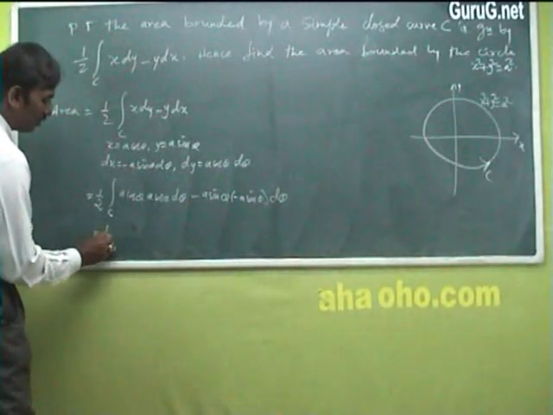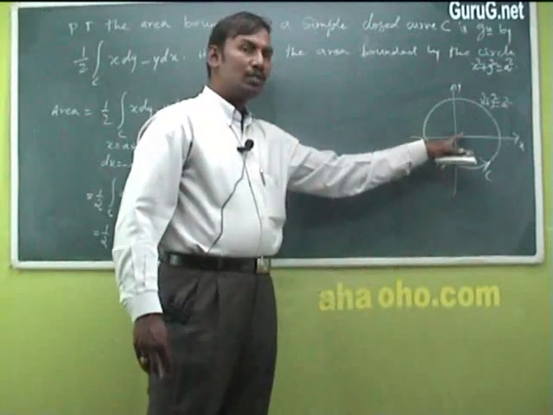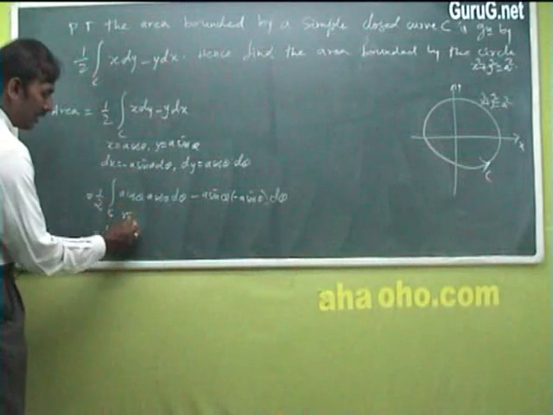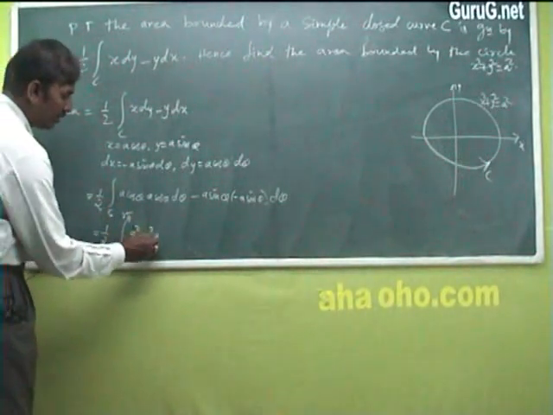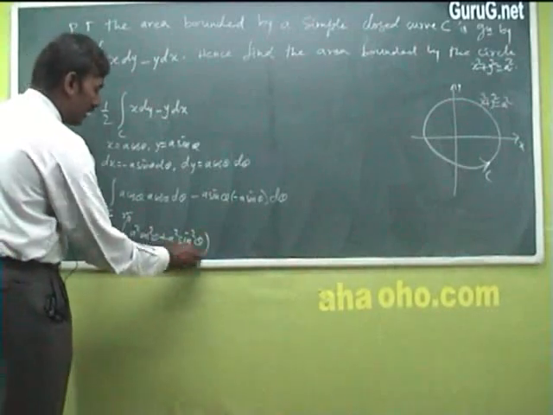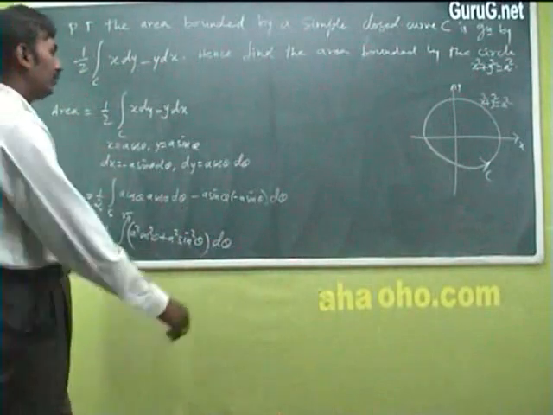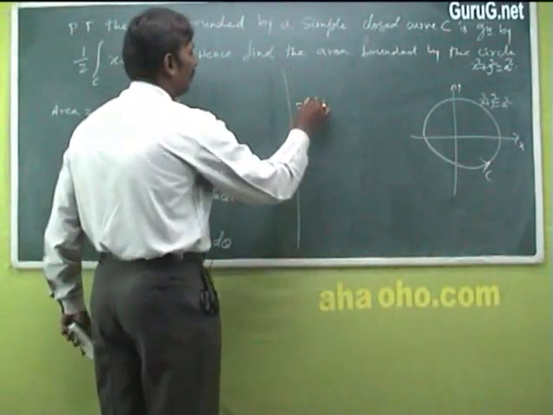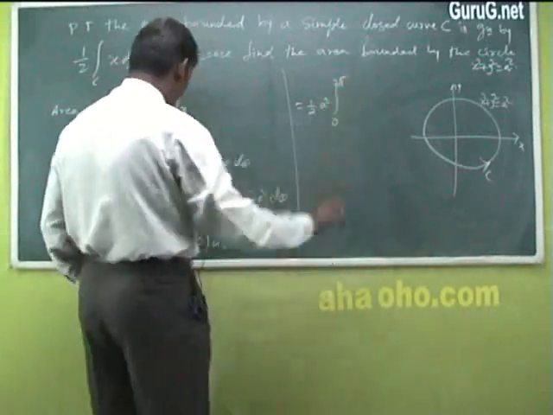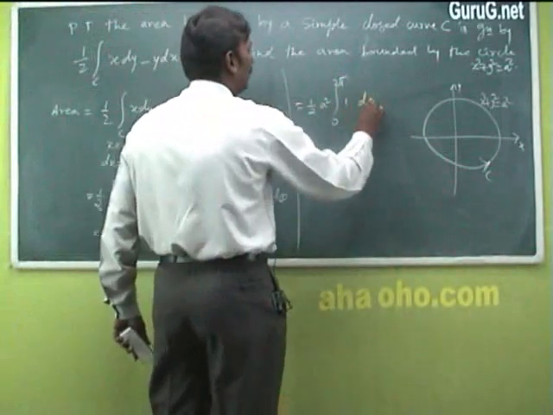So 1 by 2 into this, theta varies from, for the circle, 0 to 2 pi. So integral 0 to 2 pi of a squared cos squared theta plus a squared sin squared theta d theta. So you can take a square outside. So 1 by 2 into a square integral over 0 to 2 pi of cos squared theta plus sin squared theta, which is 1, d theta.